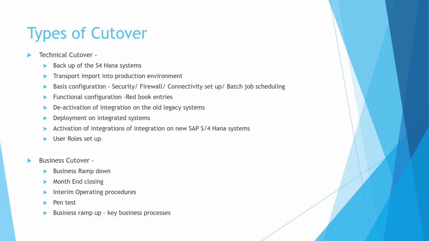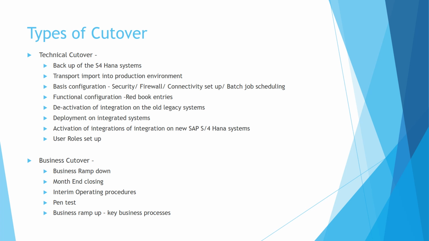Then basis configuration: basis will do their configuration because the S4 HANA system may be a completely new system, so they need to set up all the security, firewall, connectivity for external systems, etc. And batch job scheduling: because this is a completely new system, all the batch jobs which were running in the legacy system will have to be set up again in S4 HANA.